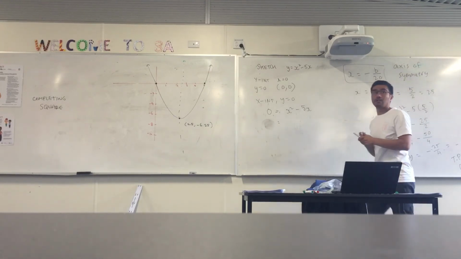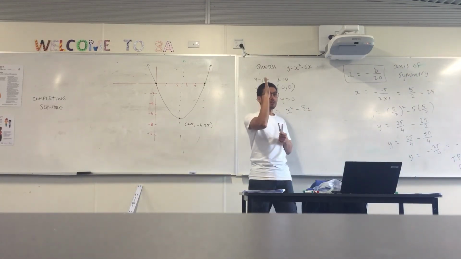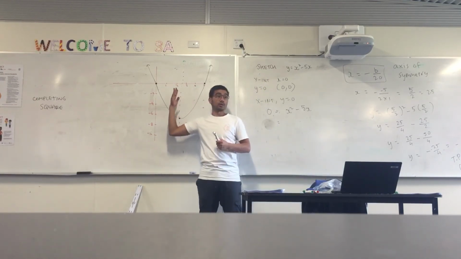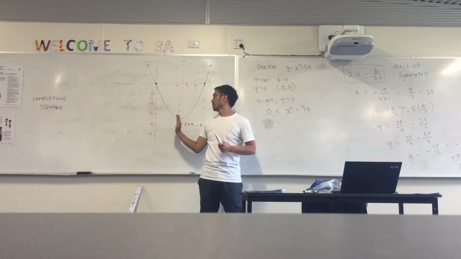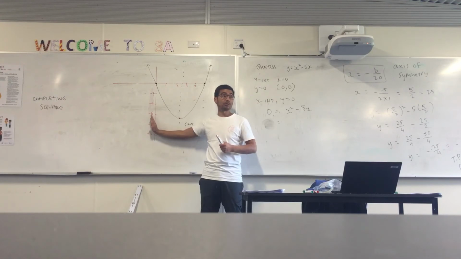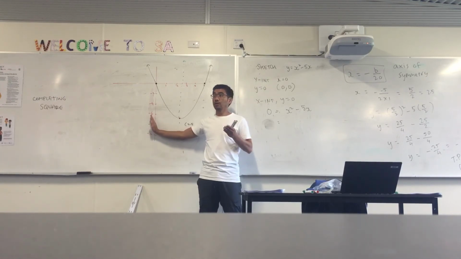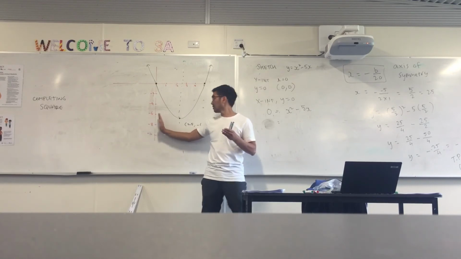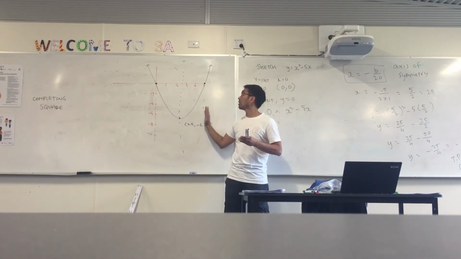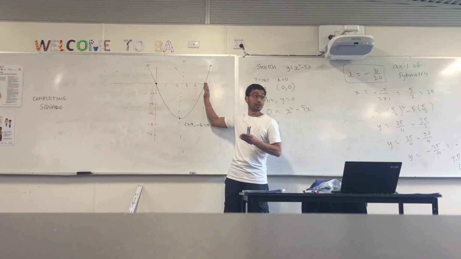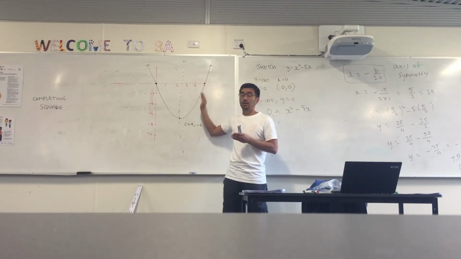That's the line, right in the middle. So if I already know that that's 2.5 and this is 0, through symmetry I can go 2.5 that way to find my next intercept, visually. But we would like some mathematics behind that.